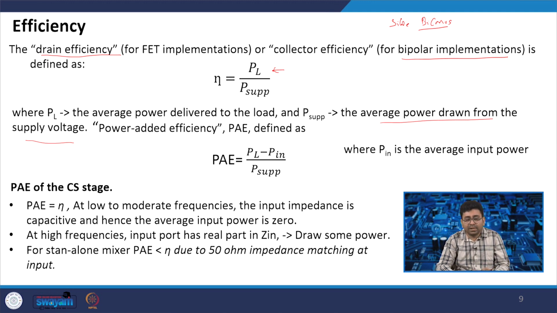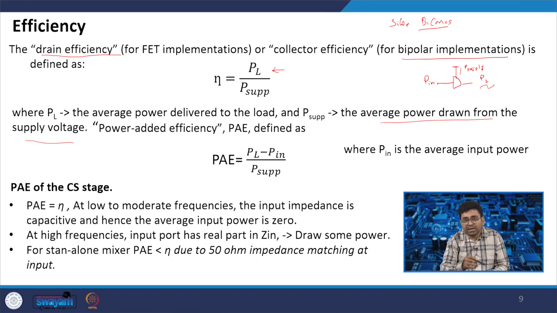There is another important efficiency parameter, that is the power added efficiency. So, if you have a power amplifier and there is input power P in and output power P L, and there is a supply voltage, meaning the power supplied is P supply, then what we can get is a power added efficiency: P L, the output power, minus P in.